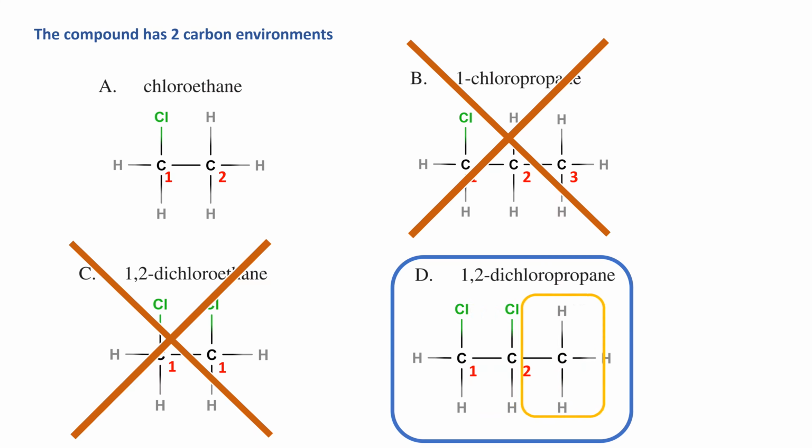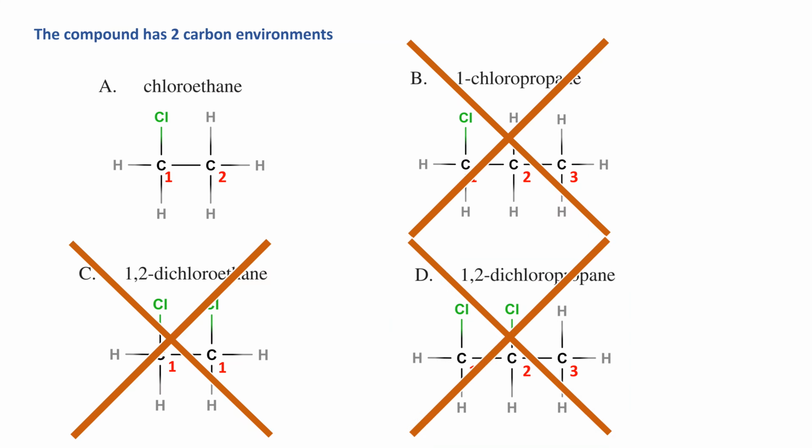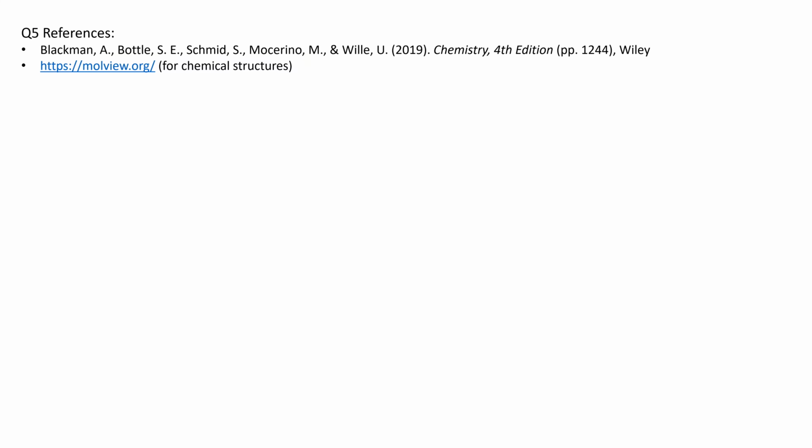The last carbon has 3 hydrogens and a CHCl group attached, which itself is connected to CH2Cl. This is different yet again, and so we'll label this as carbon number 3. With 3 carbon environments, this means that option D is also not the answer, leaving option A as we had determined before.